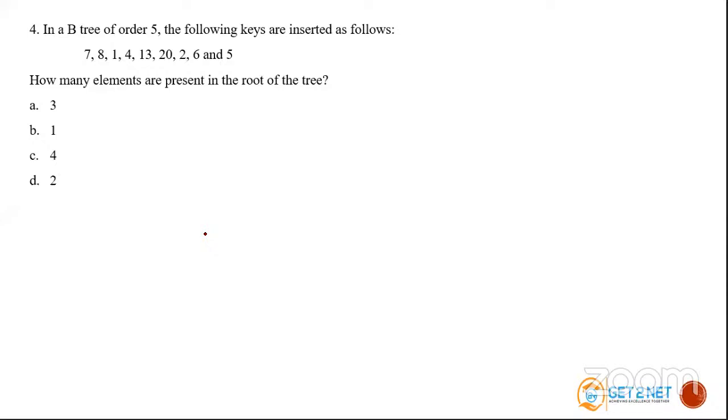In a B tree of order 5, the following keys are inserted: 7, 8, 1, 4, 13, 2, 20, 2, 6 and 5.